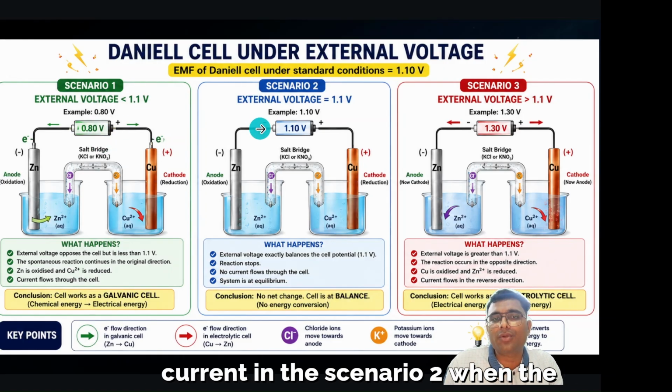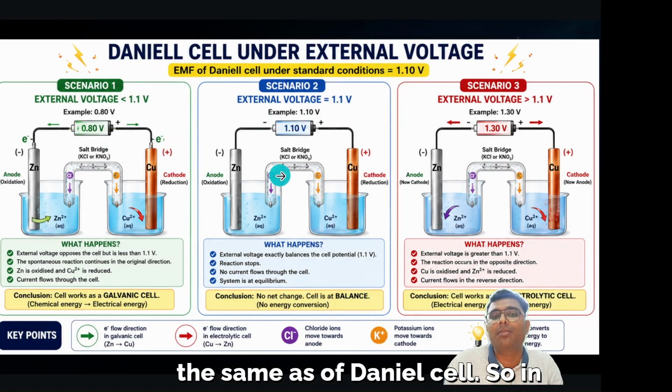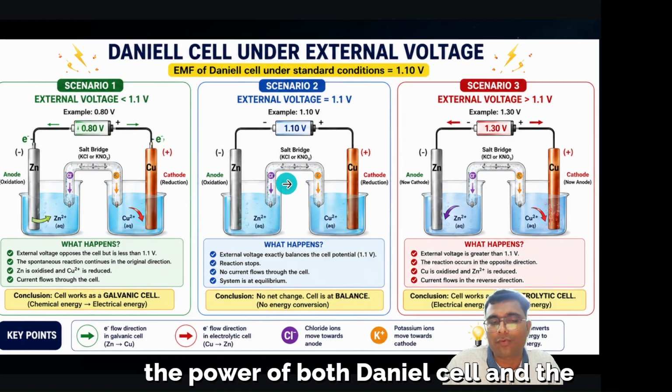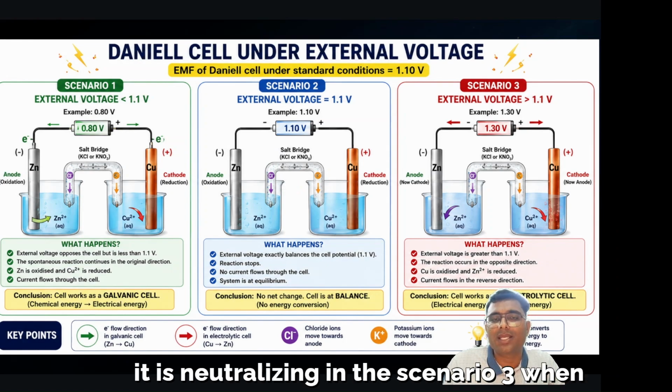In scenario 2, when the power of the battery is the same as that of the Daniel cell, no current will flow, because the power of both the Daniel cell and the battery are opposing each other and neutralizing.